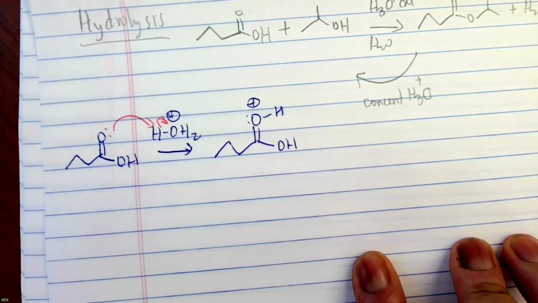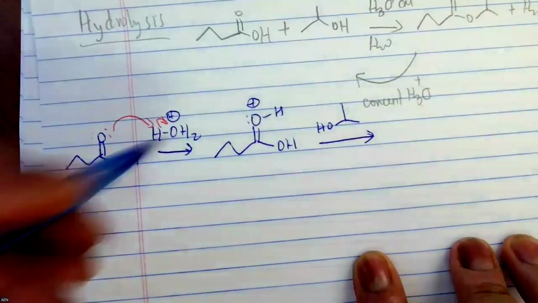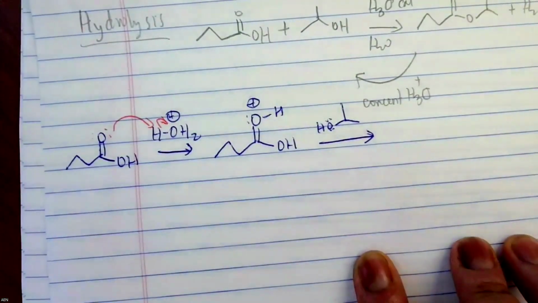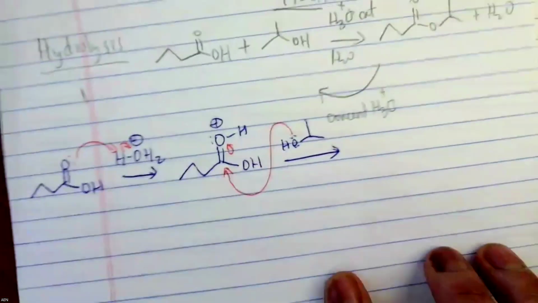And now comes what? Comes the nucleophile. The nucleophile is isopropanol. Isopropanol adds to the carbonyl of the carboxyl group.